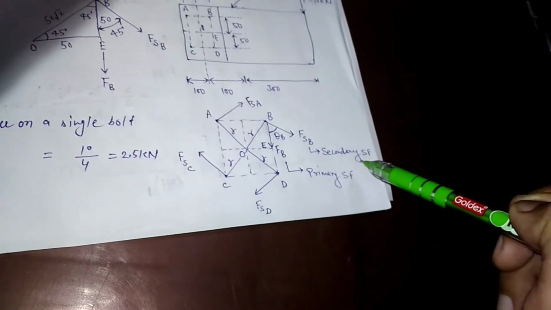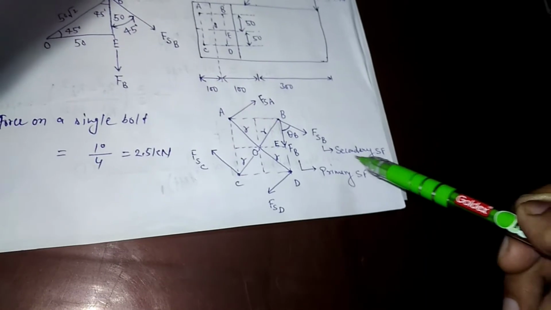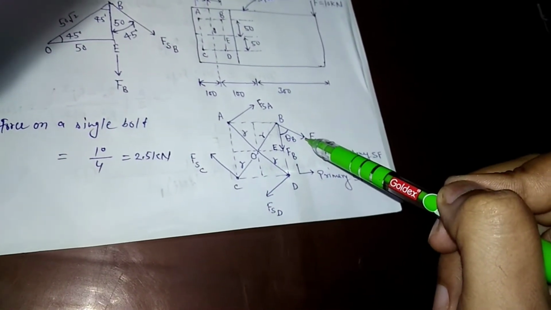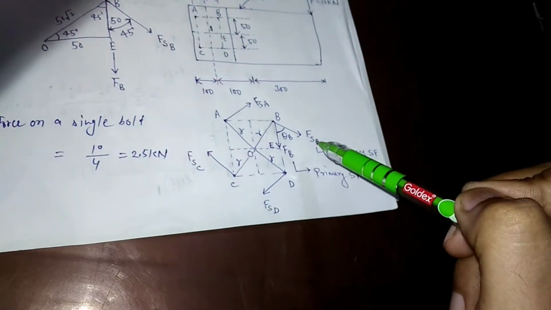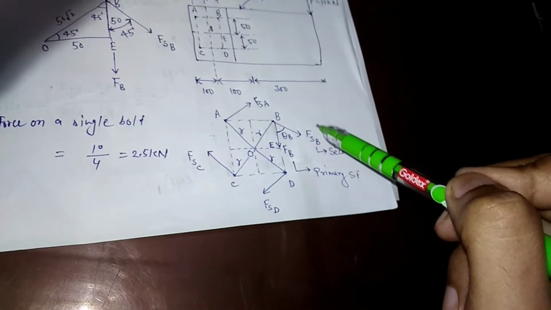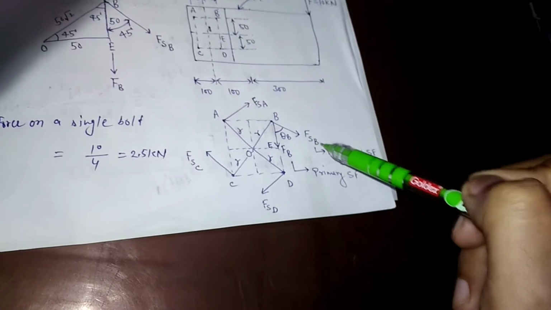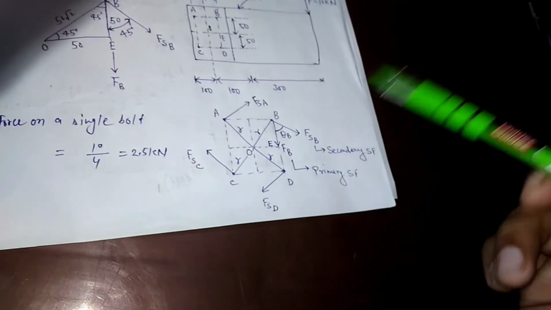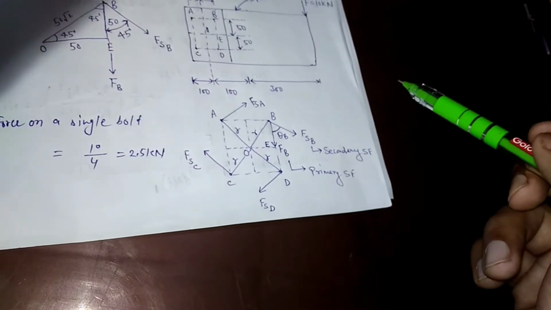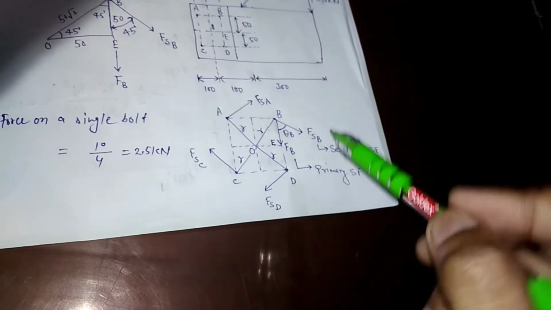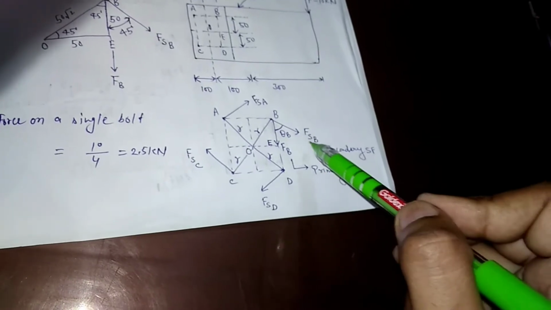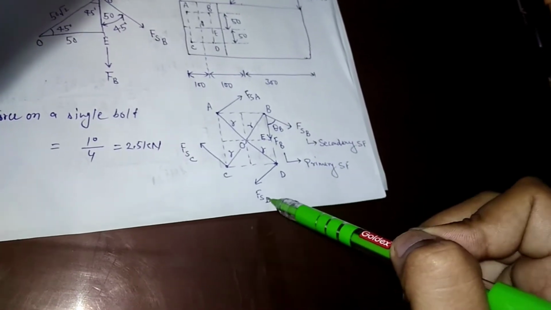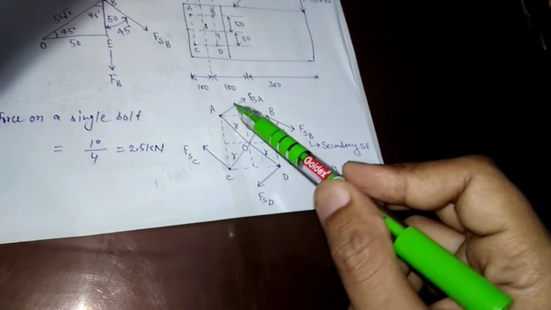So there will be a secondary shear force on each and every bolt, and these forces will be in such a direction that these will create the same moment in the steel bar plate. FSB is the secondary shear force on bolt B, and FSD, FSC and FSA.